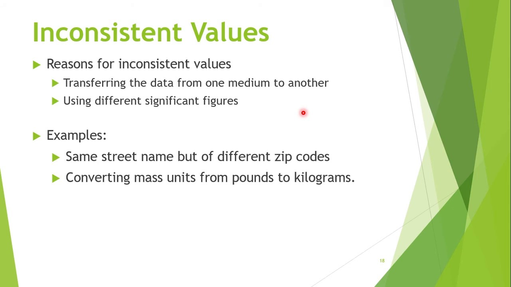May ilalagay sila doon na kailangan mag-adapt doon sa mass. So, pina-convert yung mass from pounds to kilogram, I guess. Pero ang ginamit lang is 2.2 pounds per kilogram. Bago lang kasi yung taga-compute nila.